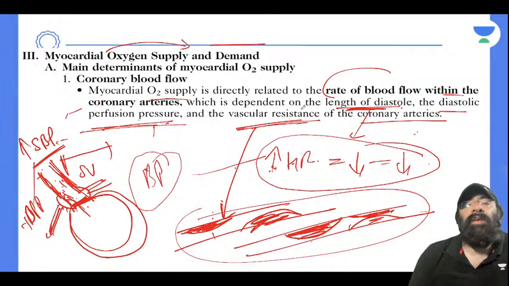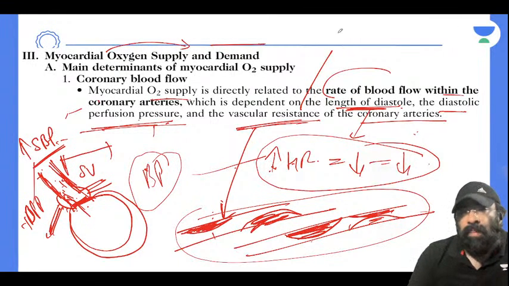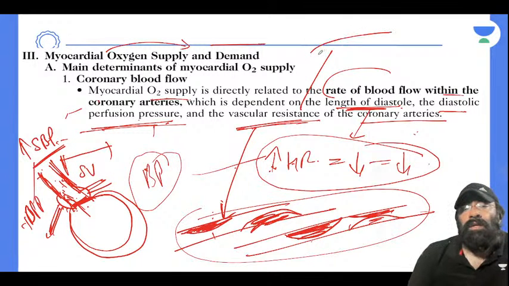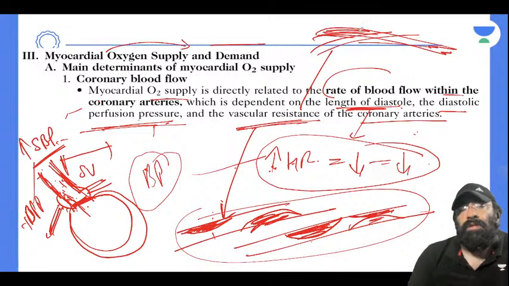One more way vascular resistance can increase is if there is a myocardial bridge. What is that? It means when the coronary artery is actually flowing under a muscle tissue. So heart muscle tissue is over the coronary artery. What will happen?